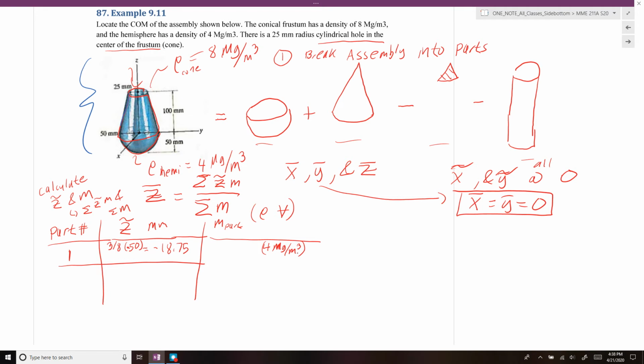Our volume for a hemisphere is equal to 2/3 pi times the radius cubed, and the radius was 50 millimeters.